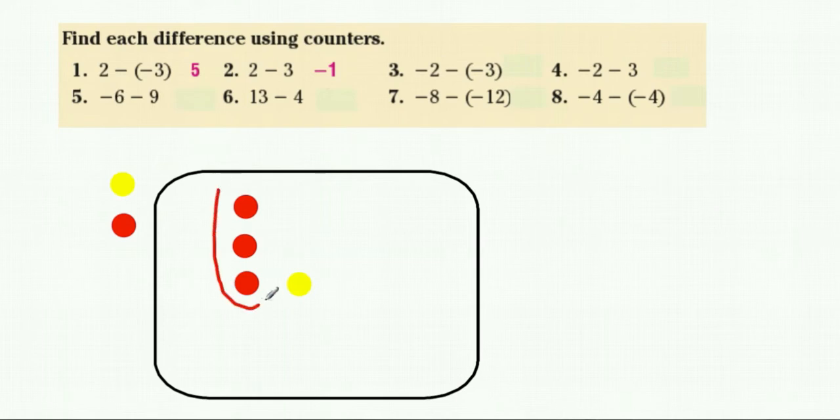Take away our 3 negative counters, we end up with a positive 1 counter. So -2 minus -3 is positive 1.